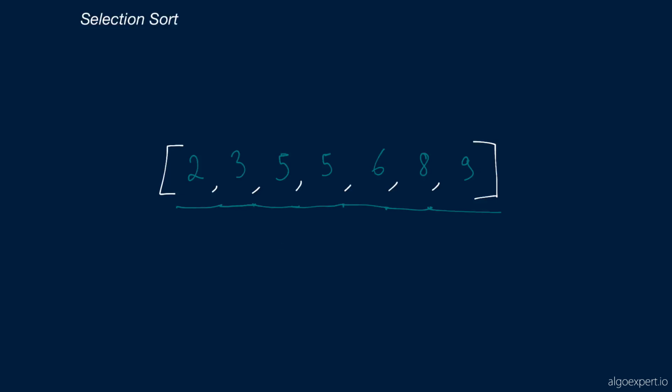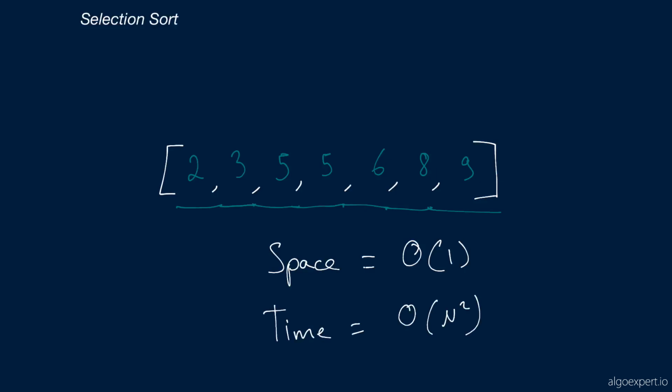So this naturally means that the space complexity is going to be O of 1 space. All we did was swap numbers within an array. And the time complexity is going to be O of n squared, where n is the length of our input array. Why is it O of n squared?